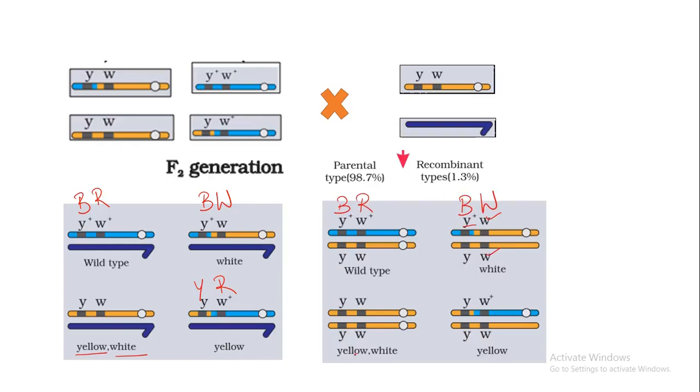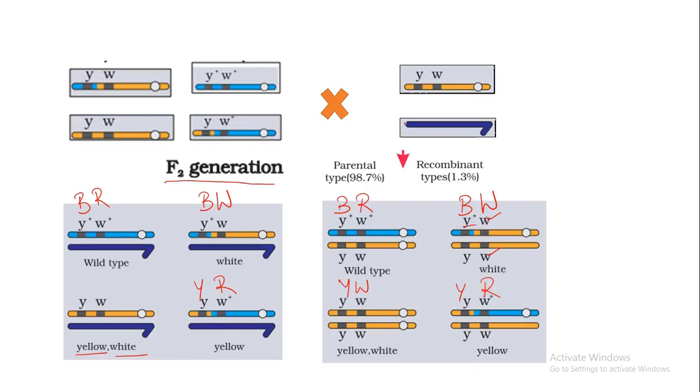And this one once again yellow body, white eye, and here you have yellow body and it's going to have red color eye. Okay, so these are the combinations you will be getting in the F2 generation. Okay, I think this will be very clear for you guys.